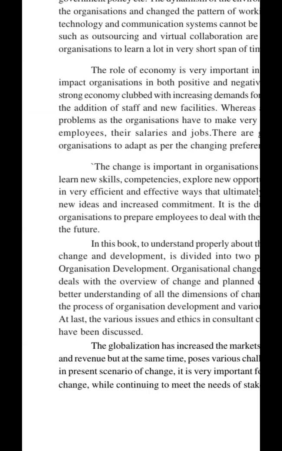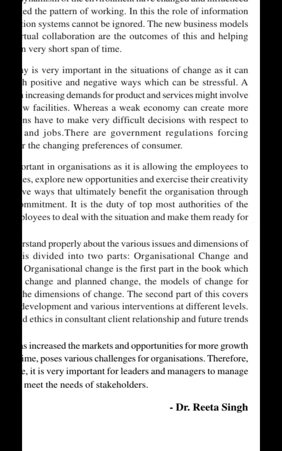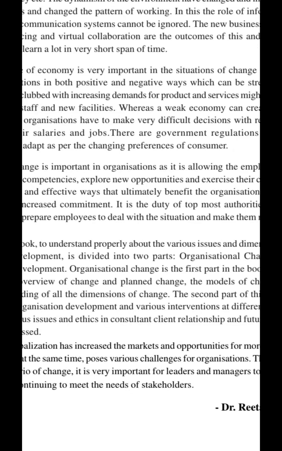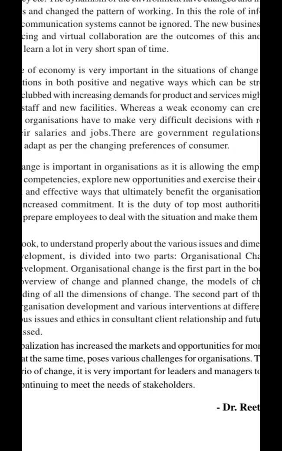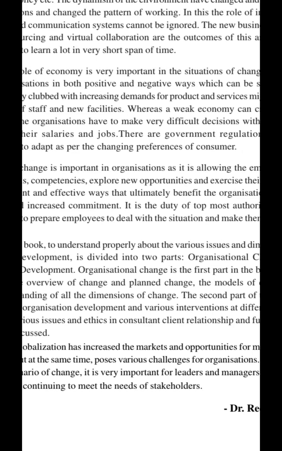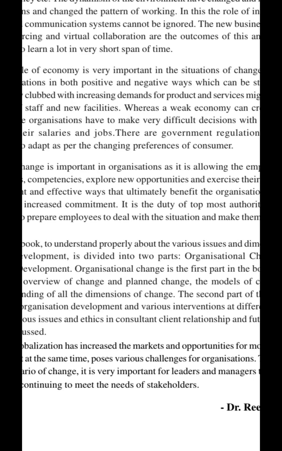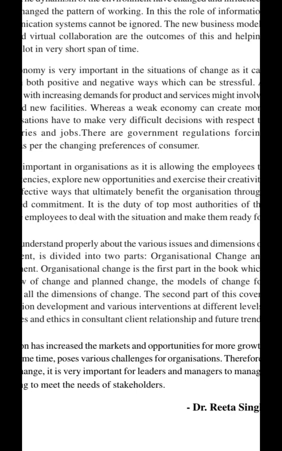The second part covers the process of organization development and various interventions at different levels. At last, the various issues and ethics in the consultant-client relationship and future trends are discussed.